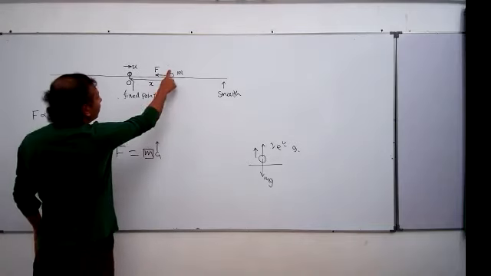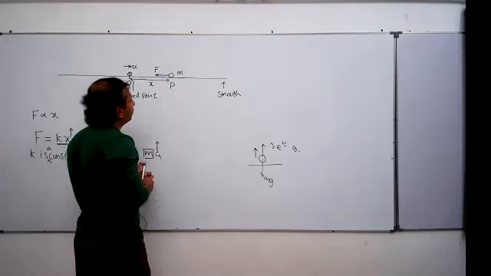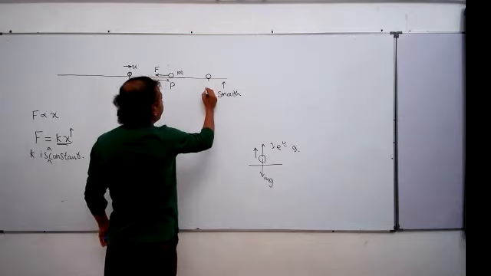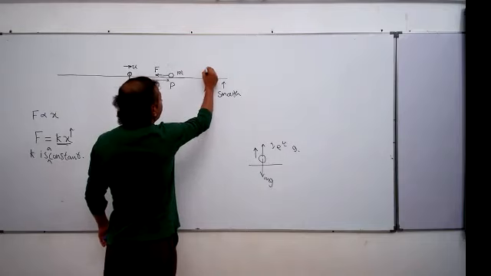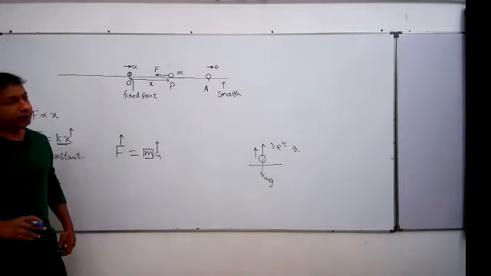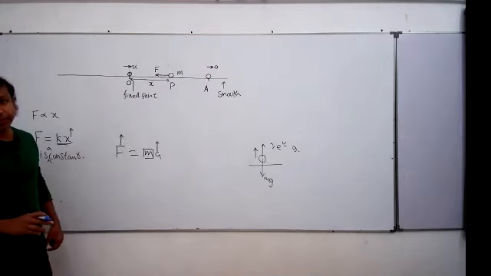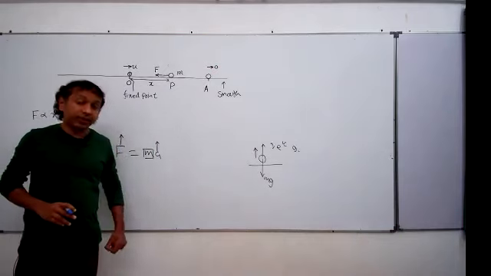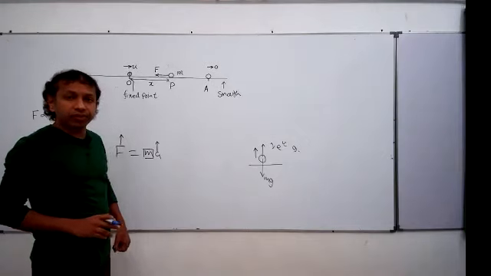The velocity of the particle P decreases, and on one occasion, the velocity of the particle will be 0. Suppose that point is A. Then no longer can this particle move rightward because it has no velocity. Right? Then what happens? The particle actually can't stay there at rest. The reason?